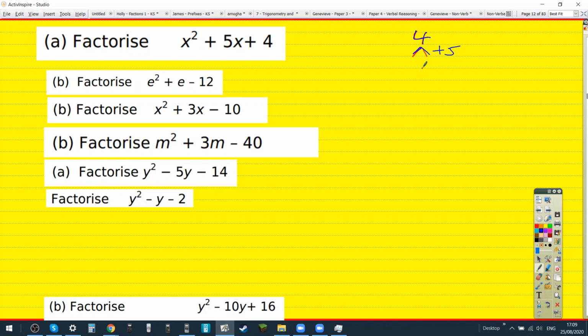Oh, okay. So that's the multiply to get 4. What two numbers will multiply to make 4? 1 and 4. Any others? 2 and 2. Yeah. And so which pair will add to make 5? 1 and 4. Yeah. And so what were the two brackets for this one?